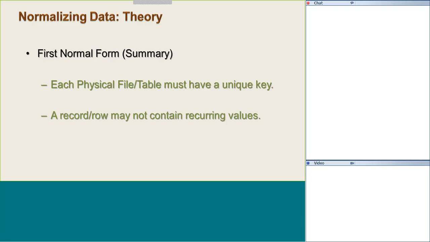The record row may not contain recurring values is also exactly the same philosophy. If you have elements in a record that have recurring values, you essentially have multiple values for the same key, which means that you have a non-unique scenario.